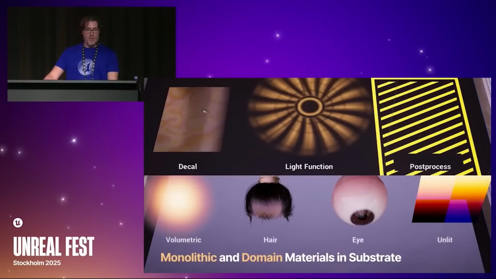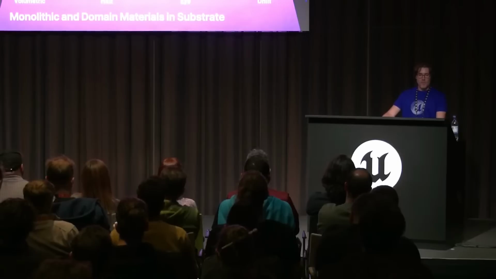Examples of this include volumetric, hair, eye, unlit, and single-layer water. All of these are considered monolithic and will not respond to Substrate blending operators. These non-composable materials still play a role, but most of what you'll create in Substrate starts with slabs, the core building blocks of the system.